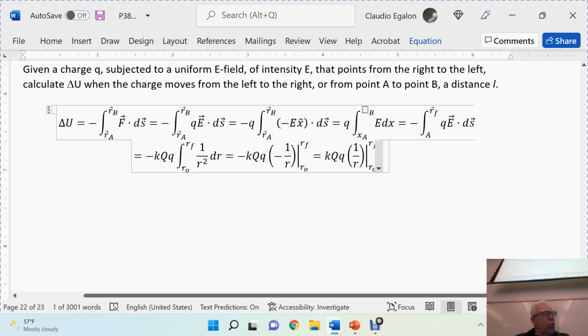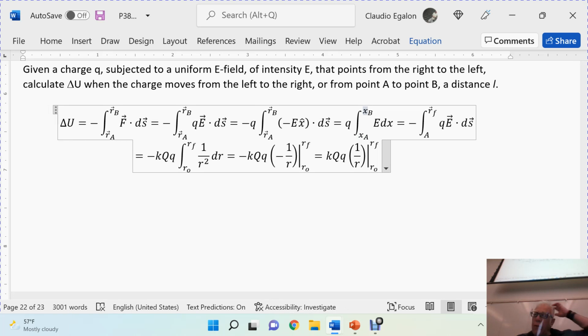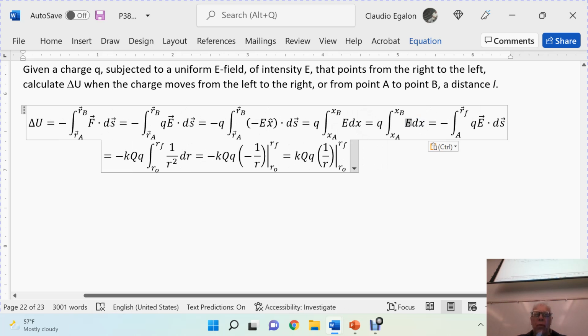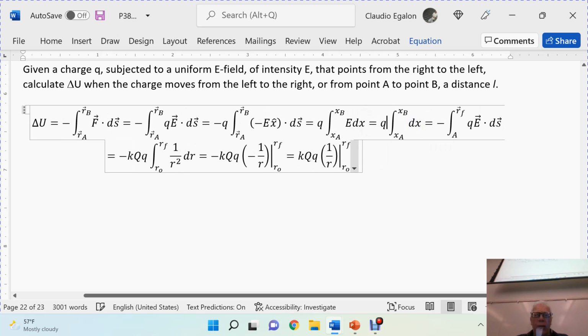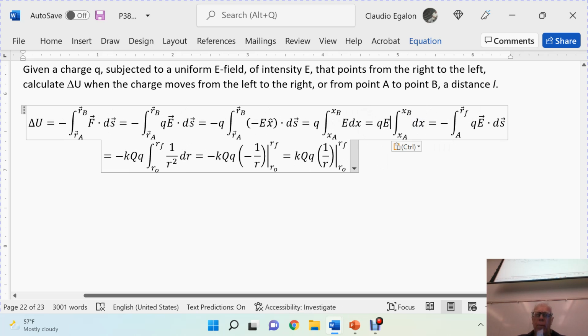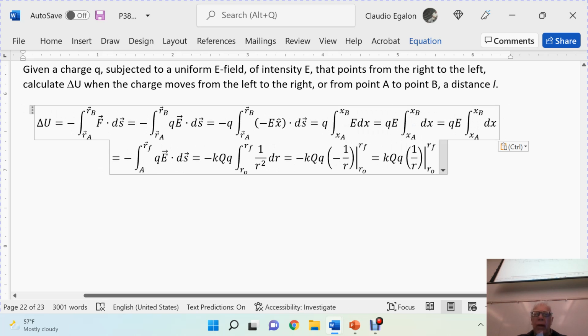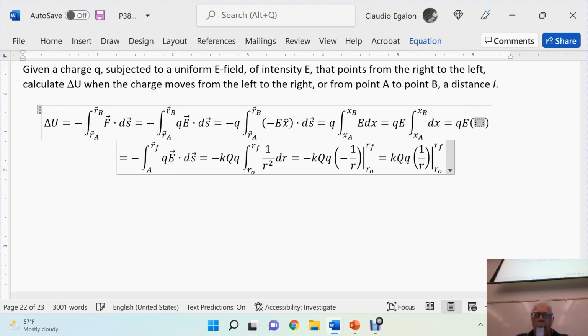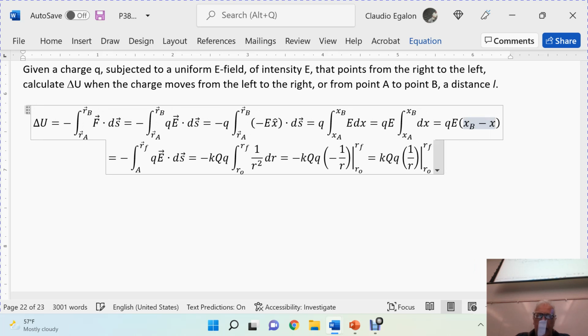As I mentioned to you, the electric force is a conservative force, so I don't have to worry about the path. Next, the electric field is uniform, consequently it can be taken out of the integral. This integral is easy to calculate, so what's that going to be? It's going to be xb minus xa.